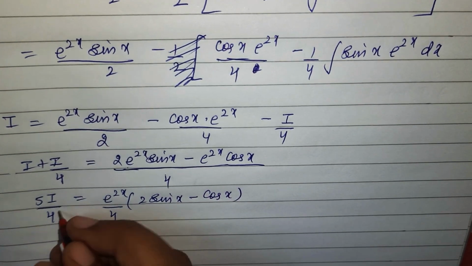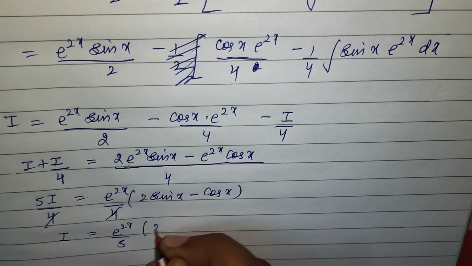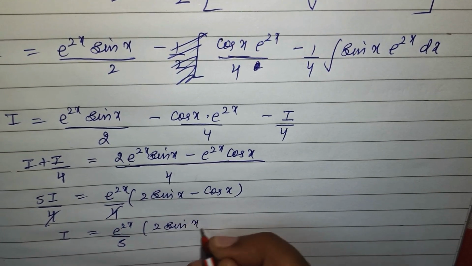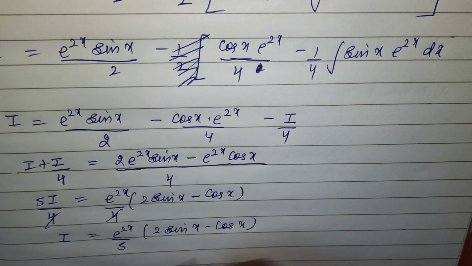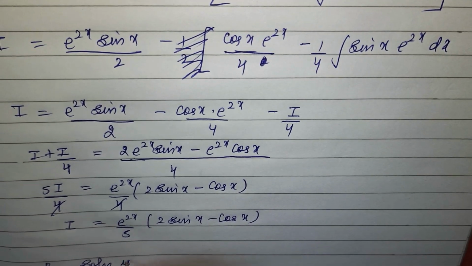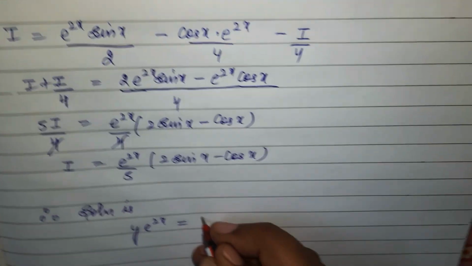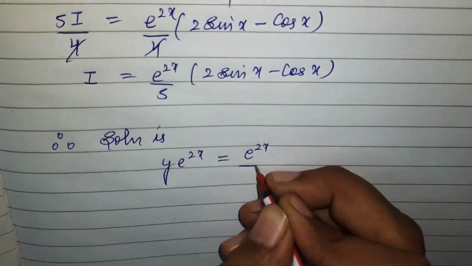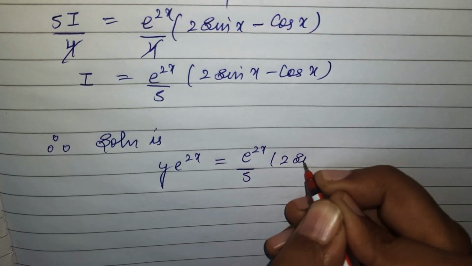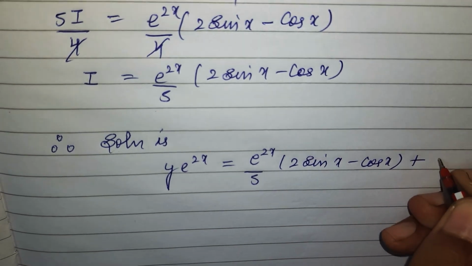So finally I will be getting e raised to the power 2x upon 5 times 2 sin x minus cos x. Therefore the final solution, the general solution, is y e raised to the power 2x equals e raised to the power 2x upon 5 times 2 sin x minus cos x plus c.